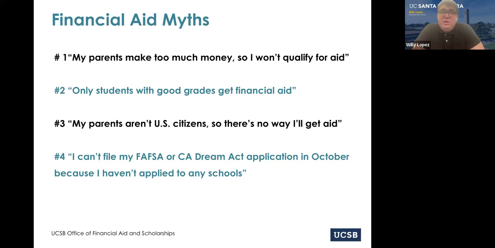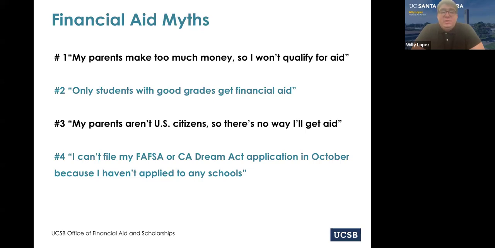So if you don't want your parents to pay for everything out of pocket, you can always apply for FAFSA or CADA, and you can still apply for some student loans or even qualify for some gift aid, either at the state level through the Middle Class Scholarship, or additional financial aid at the university level. So it never hurts to apply, but you'll never know what aid you'll get if you don't apply.